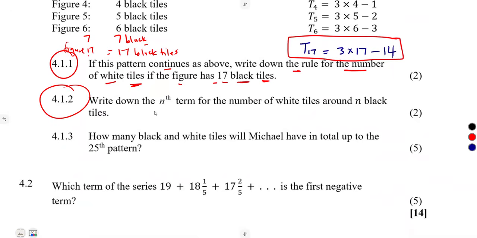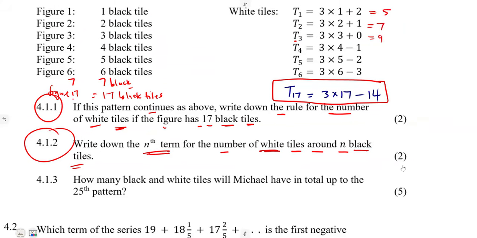Write down the nth term of the number of white tiles around any black tiles. So remember, any black tiles correspond to figure n. So if it is figure n, what is going to be the nth term of the white tiles?